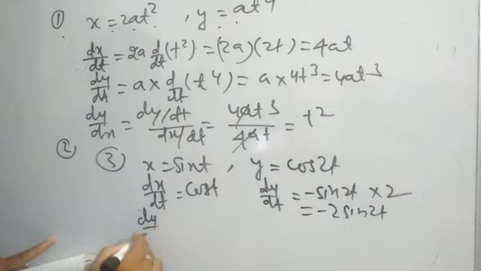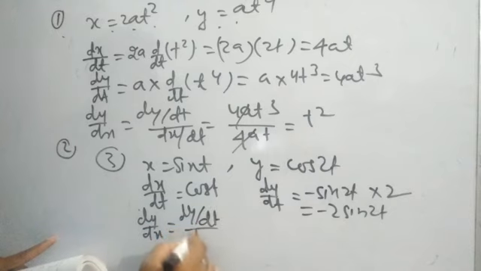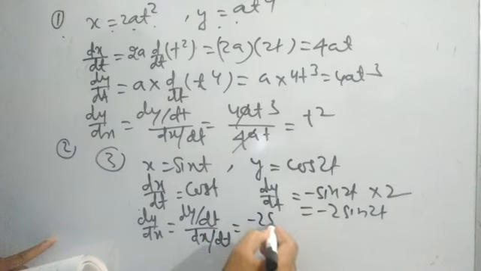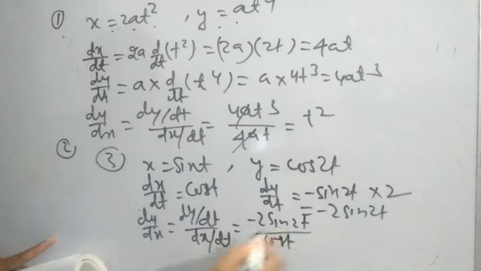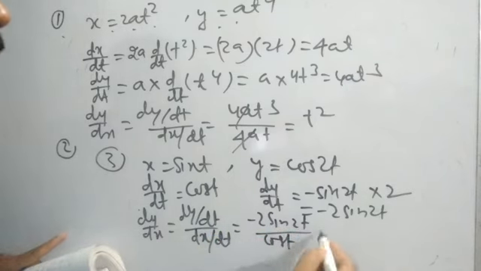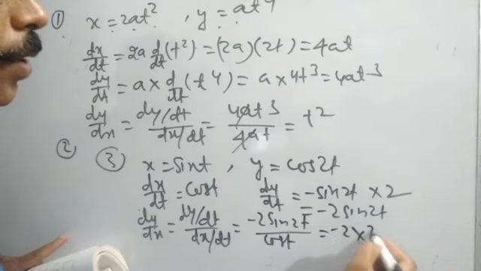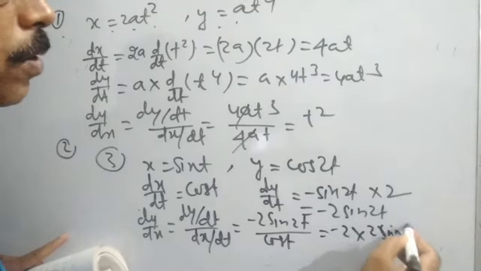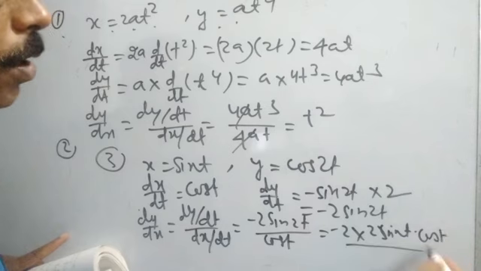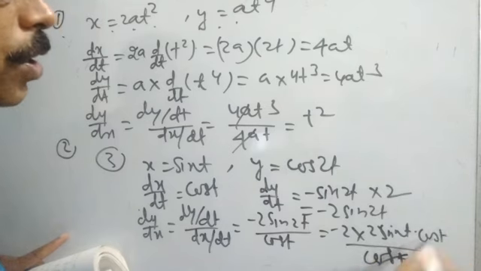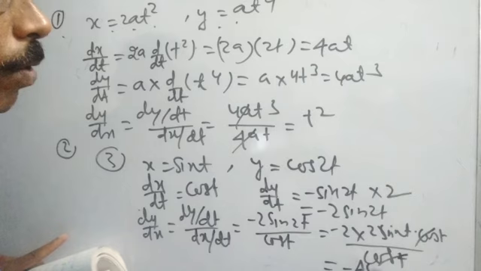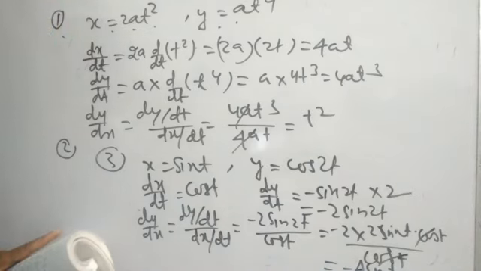Then dy by dx is equal to dy by dt divided by dx by dt, we will get minus 2 sin 2t divided by cos t. Then solve it: minus 2 into 2 sin t cos t by cos t, cos t cancels, minus 4 sin t. It is the answer.